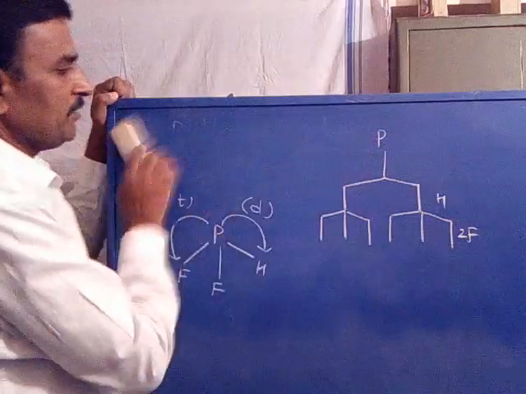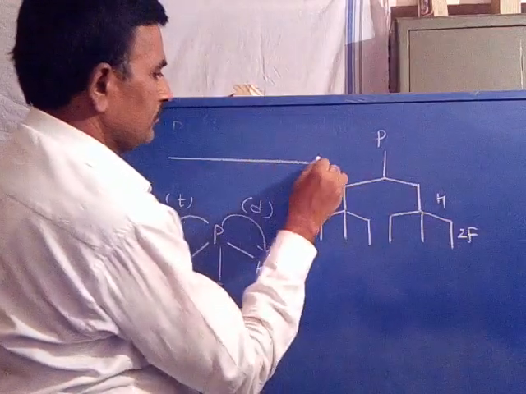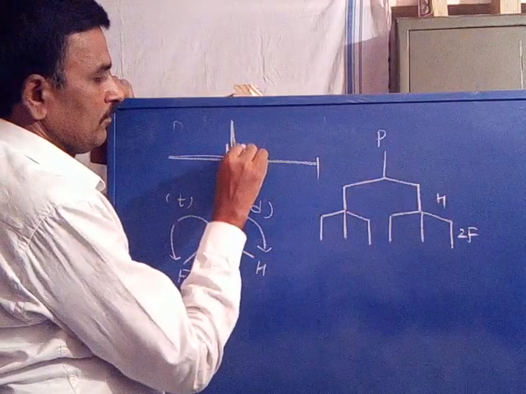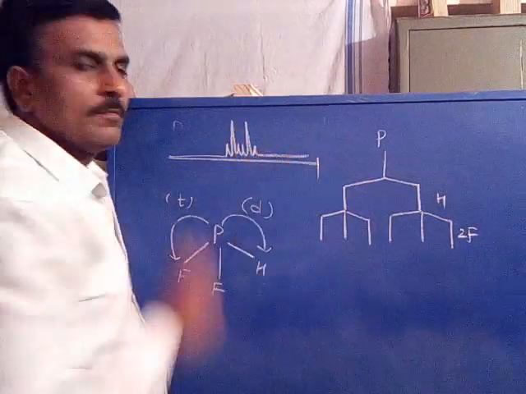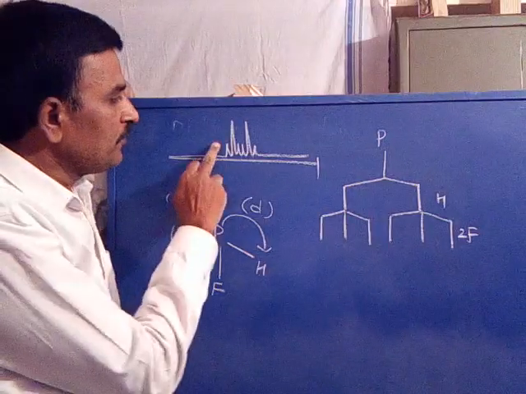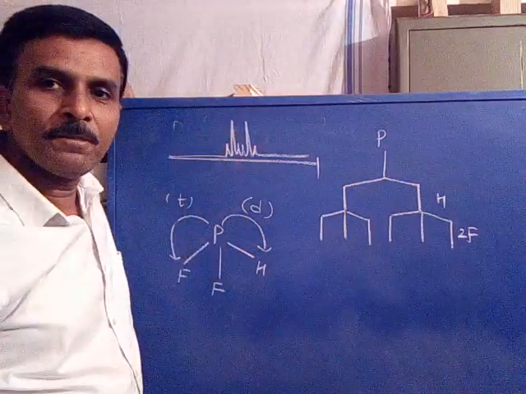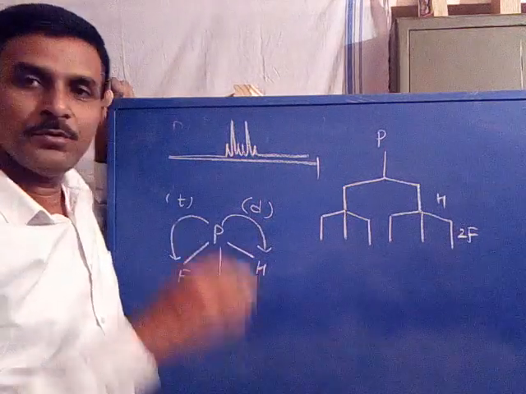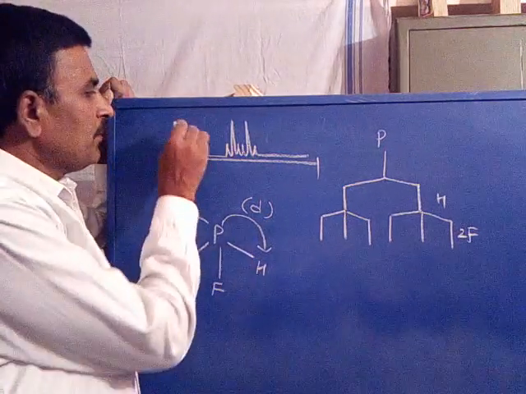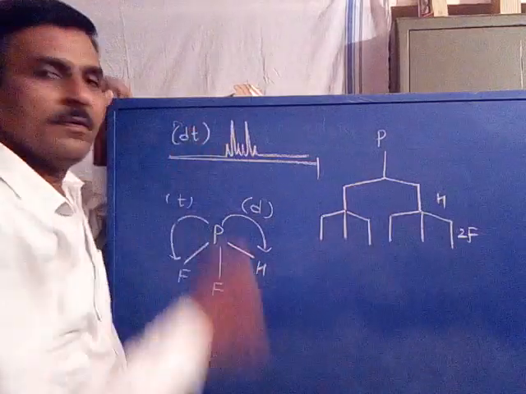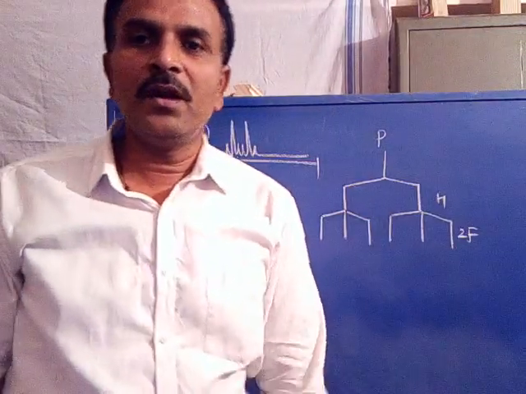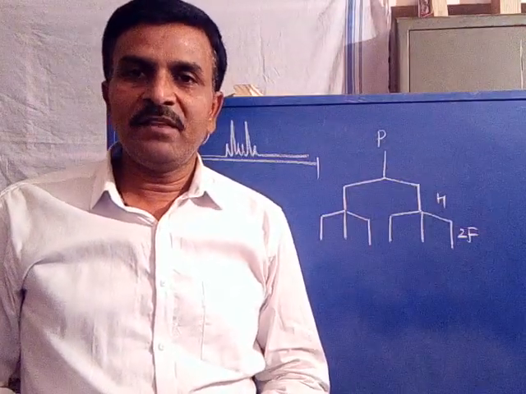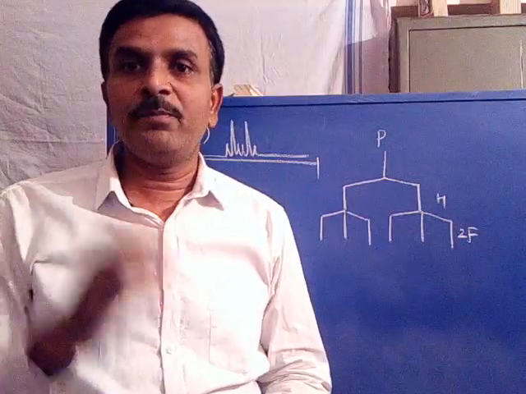Now its spectrum has 1:2:1, 1:2:1. So a doublet is further split into a triplet due to the fluorine coupling. Therefore the multiplicity is doublet of triplet, or double triplet. Is it clear? So this is the phosphorus NMR spectrum for difluorophosphine.